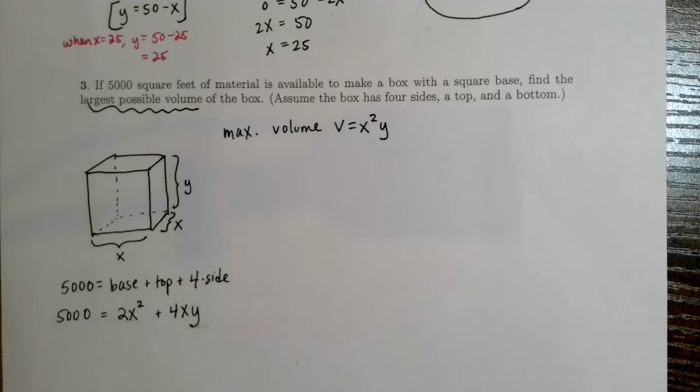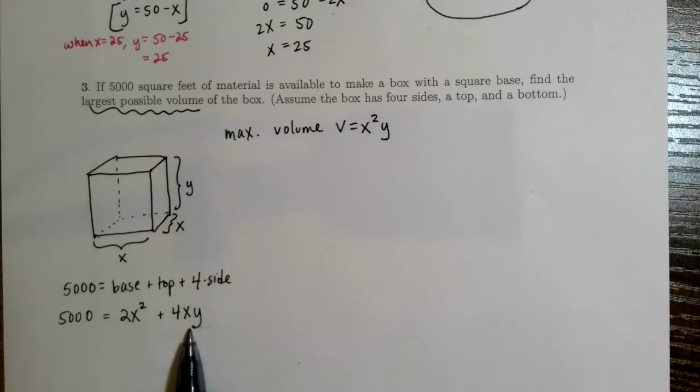All right, so this constraint formula is a lot messier than the previous ones that we've seen. This is one of the ones where it's much easier to solve it for one of the letters than the other. So solving this for X is really tricky because X is here and here, you have a quadratic. It's possible, but it's really messy. Solving this for Y, because Y is only right here, is much easier to do.